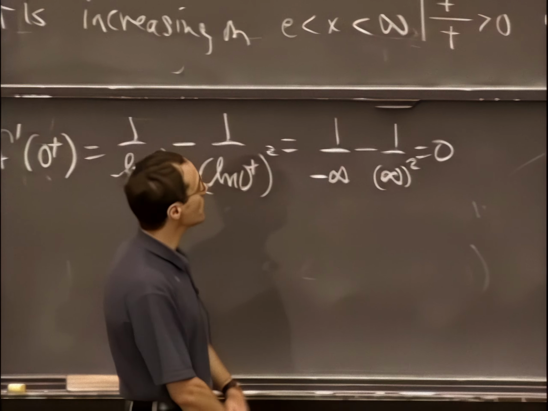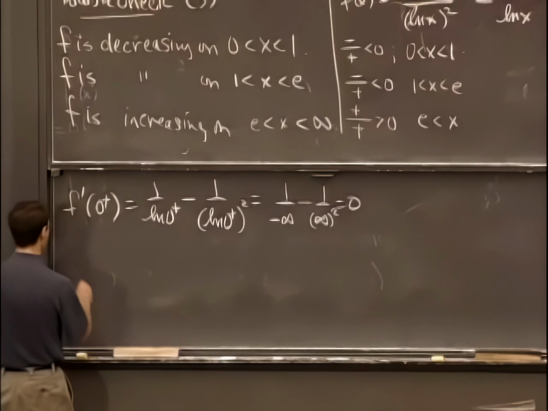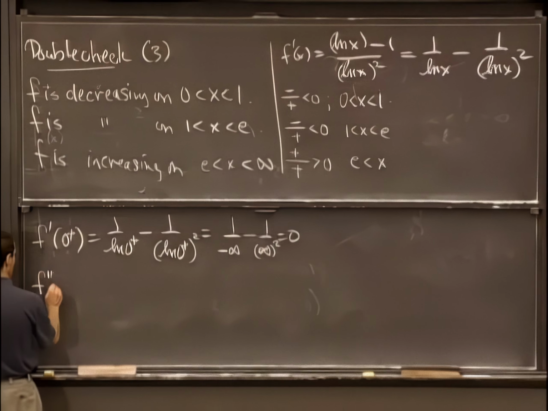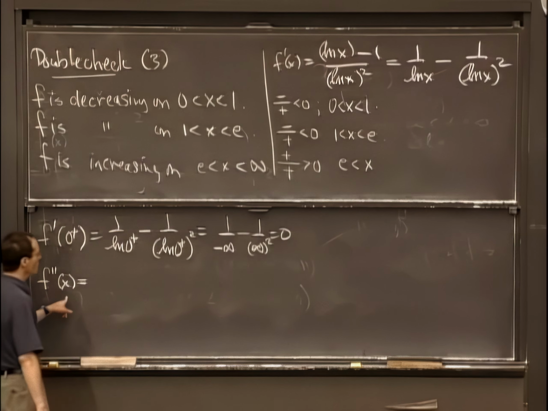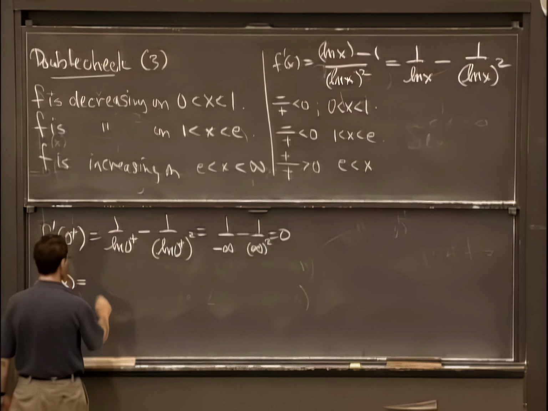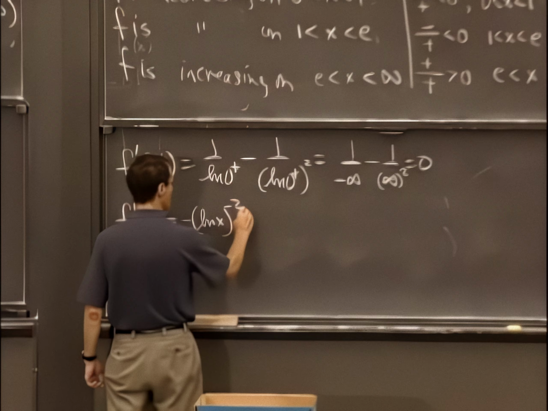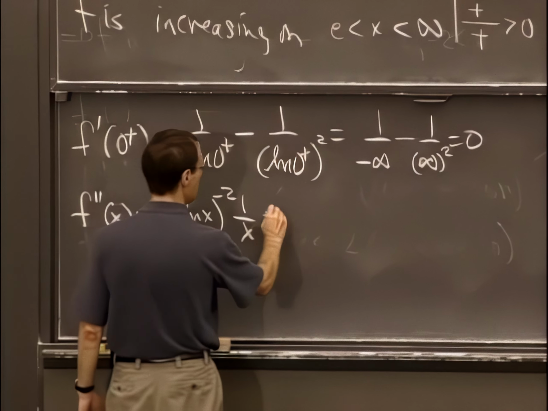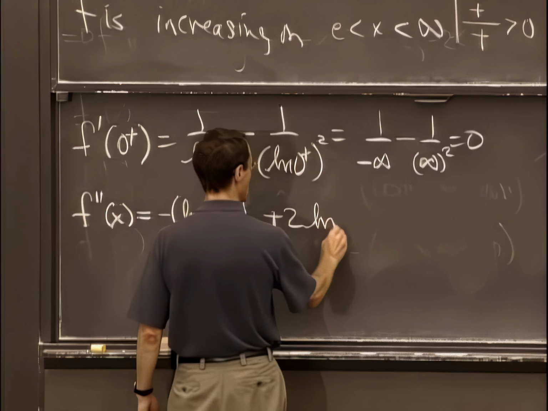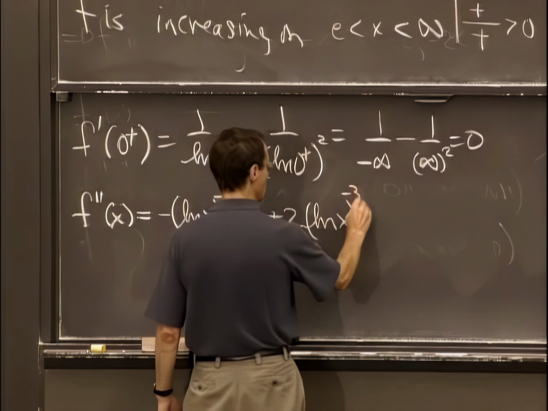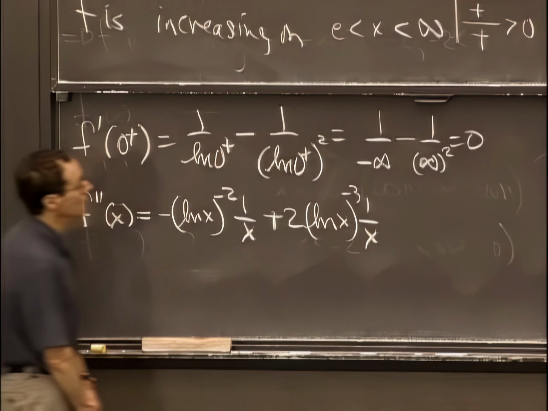Now, with the help of this second formula, I can also differentiate a second time. So it's a little bit easier to do that. If I differentiate 1 over the log, that's minus log x to the minus 2 times 1 over x plus 2 log x to the minus 3, 1 over x.